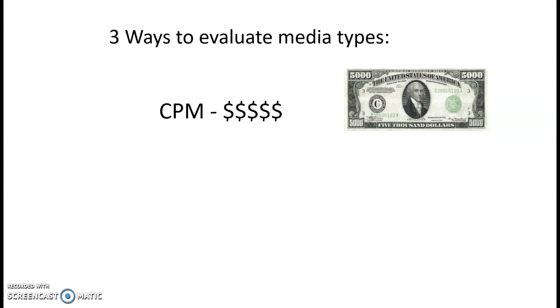And we remember that an impression is what? One person seeing an ad one time. That is an impression. If I see an ad on Tuesday and see it again on Wednesday, how many impressions is that? That is 2 impressions. So cost per 1,000 impressions is one way to evaluate different media.